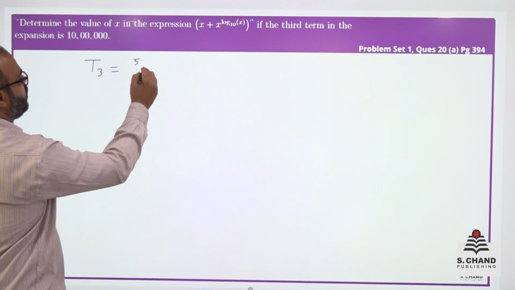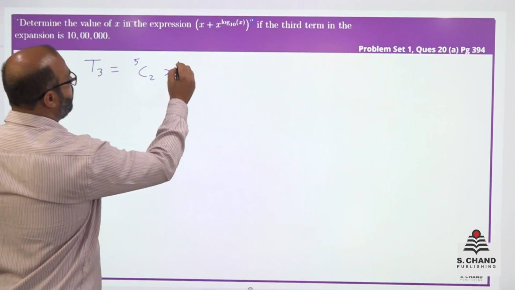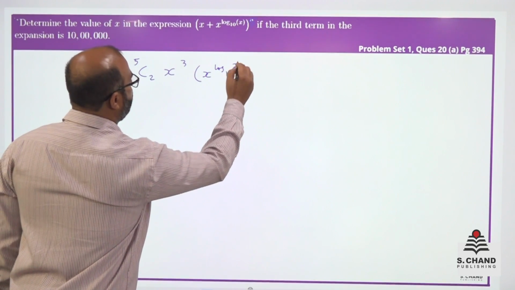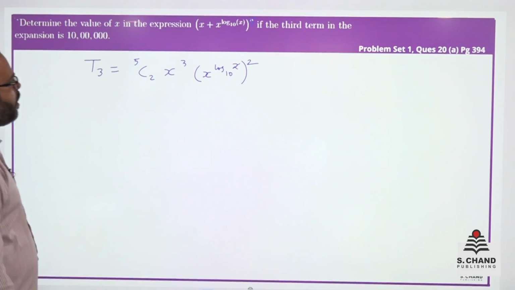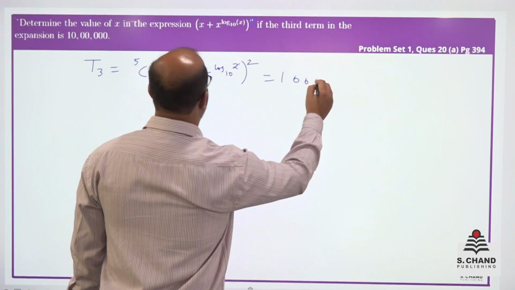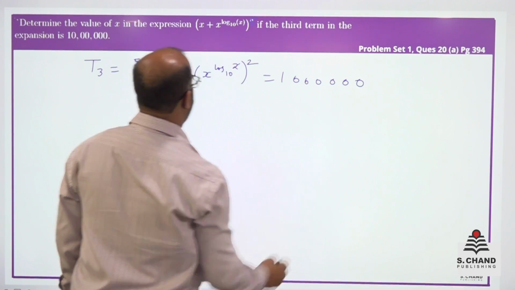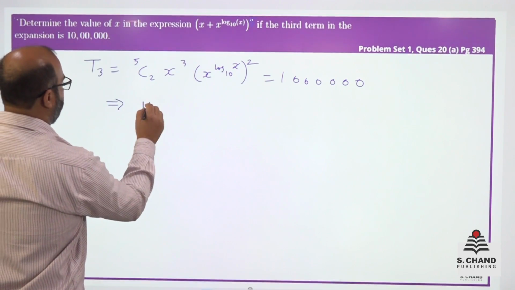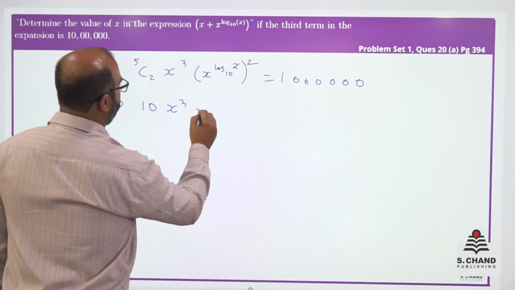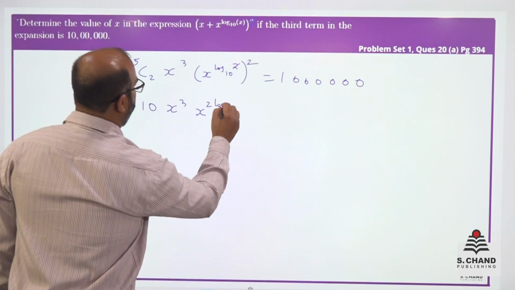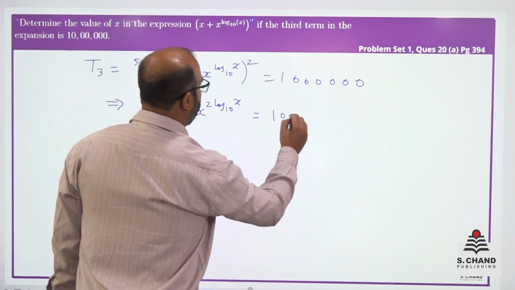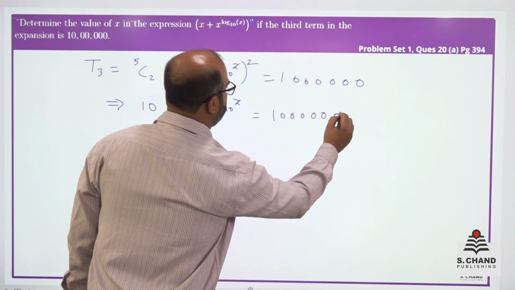So, 5C2 x to the power 3, x to the power log x to the base 10, to the power 2. And this is given as 1 with how many zeros? 6 zeros. And 5C2 is 10. 10x cube, and this is x to the power 2 log x to the base 10, is equal to 1 followed by 6 zeros.